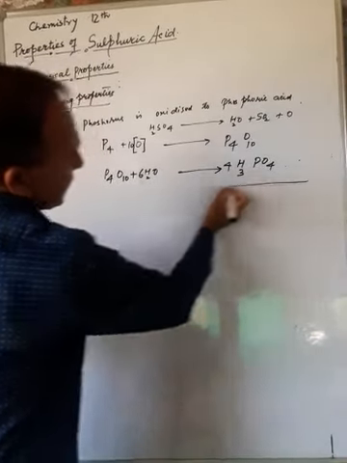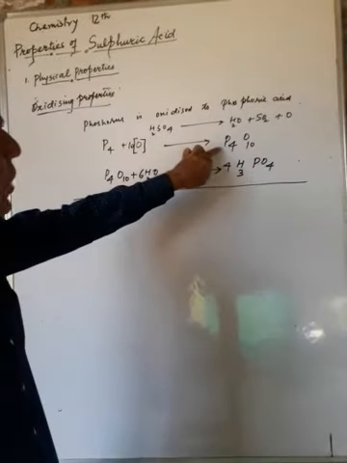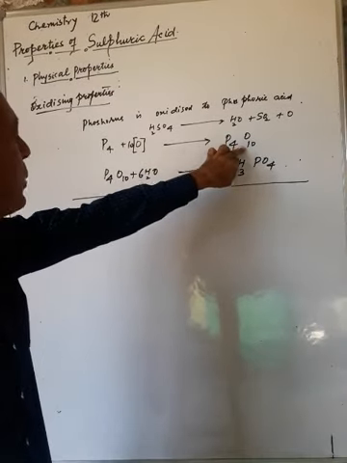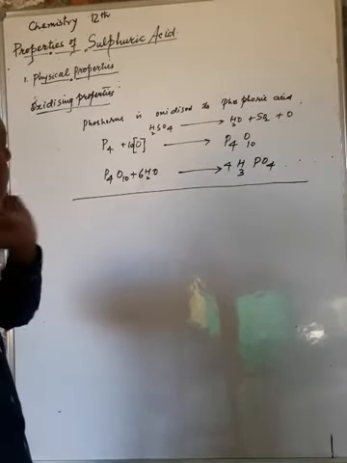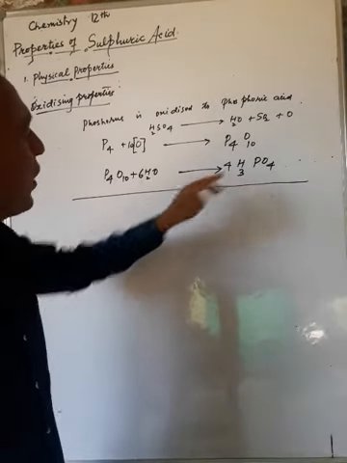First the phosphorus pentoxide is formed, and at the same time in the aqueous solution it forms phosphoric acid.